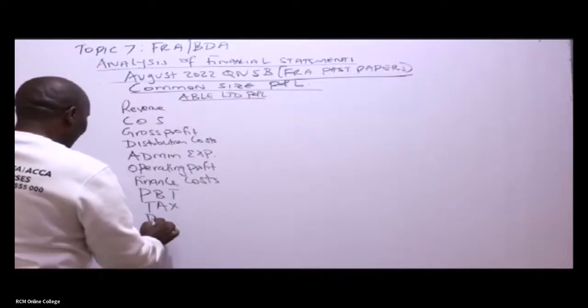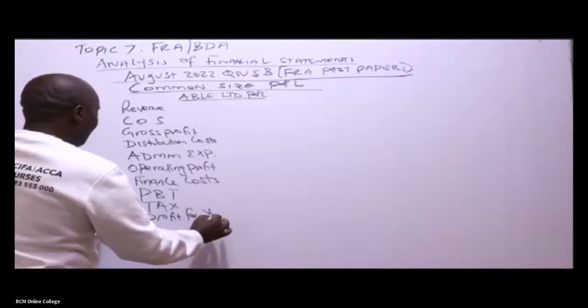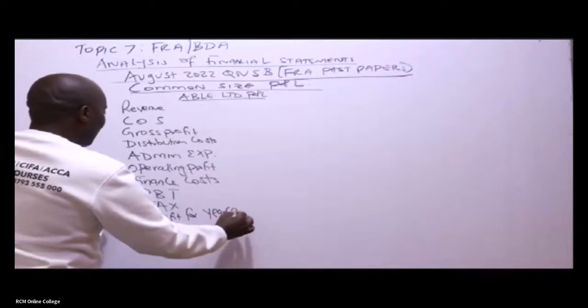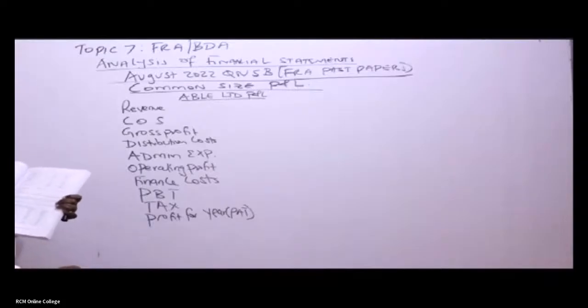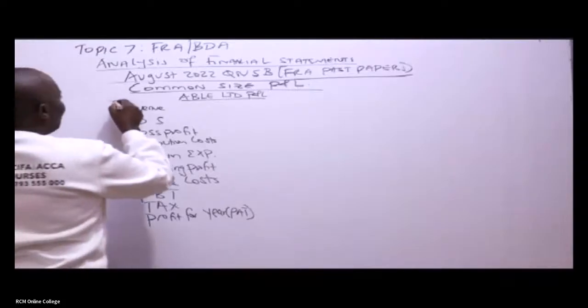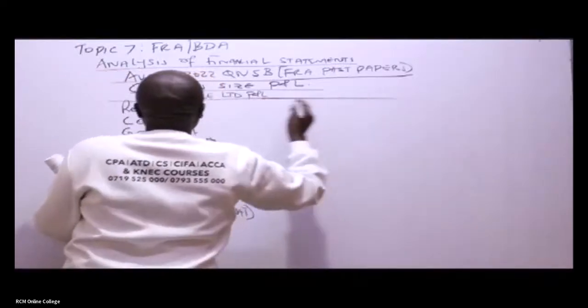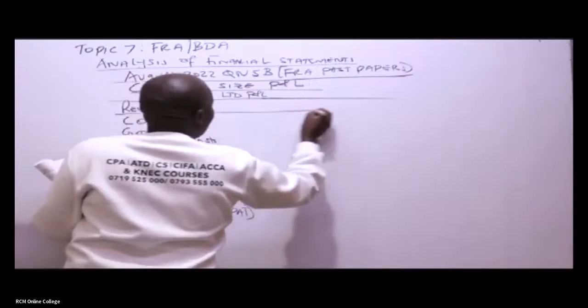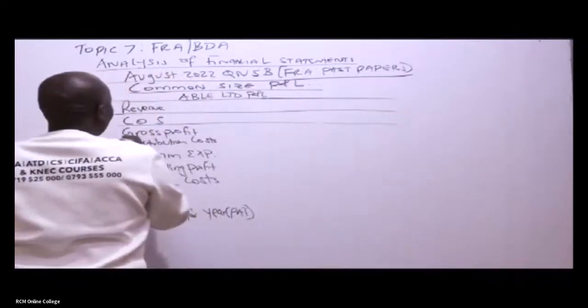And then we have profit for the year, our PAT, profit after tax. So what I will do, because my board is just a clean sheet, I'll be forced in this case just to put lines for the sake of you being able to follow.